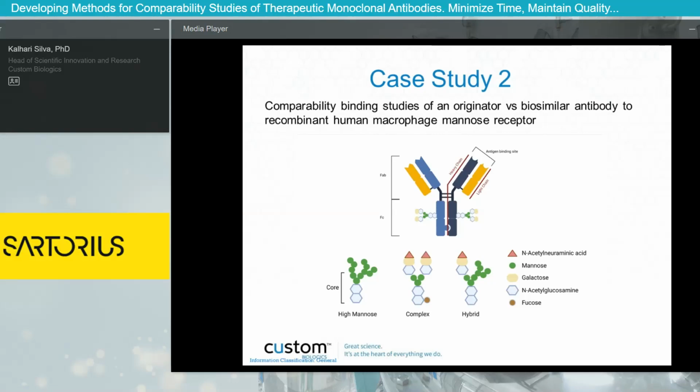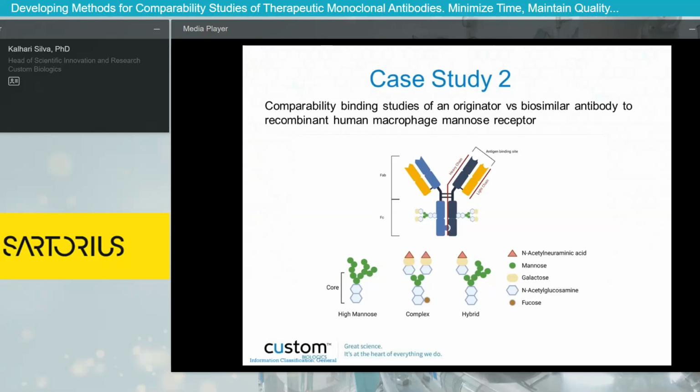So there are two major pathways for selective glycoprotein clearance. One is by the asialoglycoprotein receptor in the liver, which I will not be talking about today. And the second is through the macrophage mannose receptor, which is mostly expressed on immune cells such as macrophages.